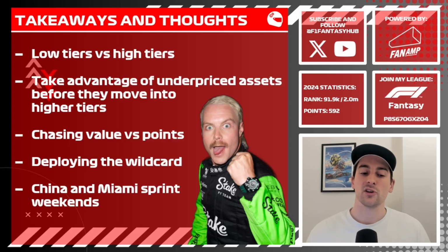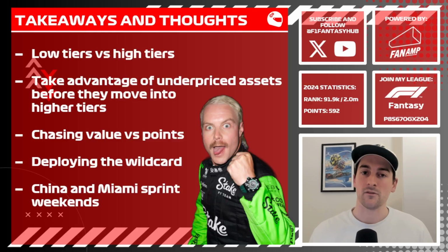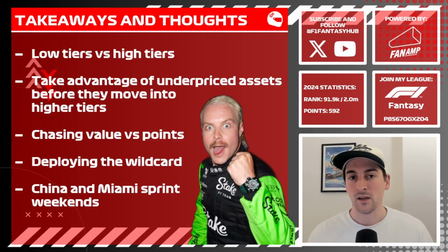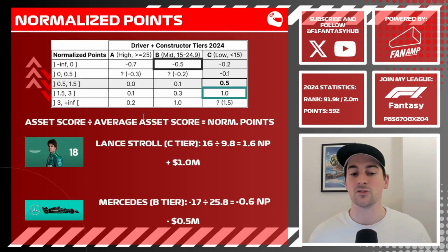But I think you're also compromising on owning assets like Red Bull, like Sergio Perez, for instance, by chasing other value assets, or even Max Verstappen, even after his DNF. Speaking of Max Verstappen, even though he did go down 0.7 million, the highest he can go in one race week, even with a great result, is 0.2.